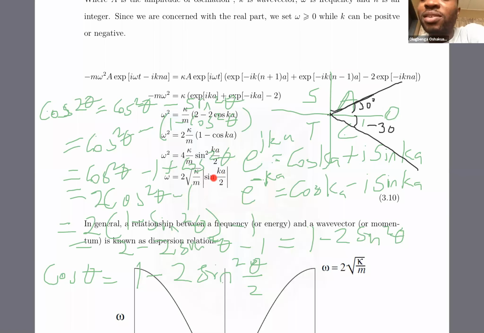That is why the absolute value is required. If it were cosine, you wouldn't need this, because cos of a positive number is equal to cos of a negative number.